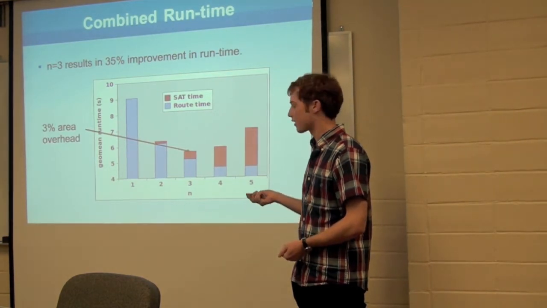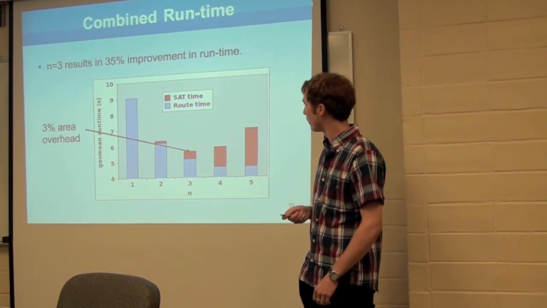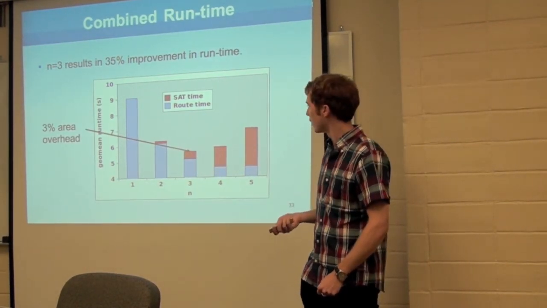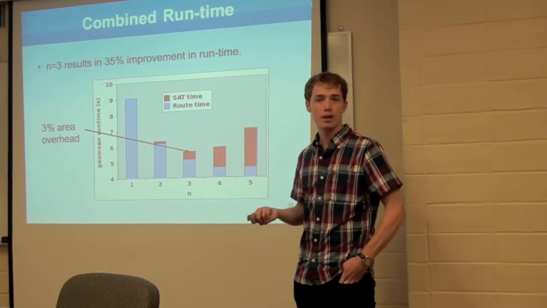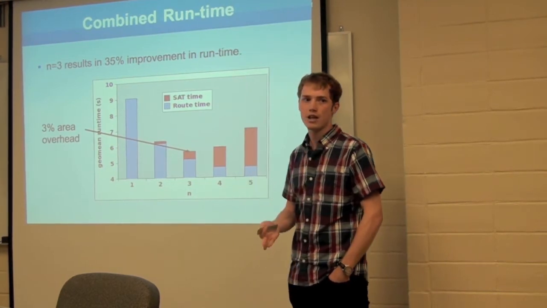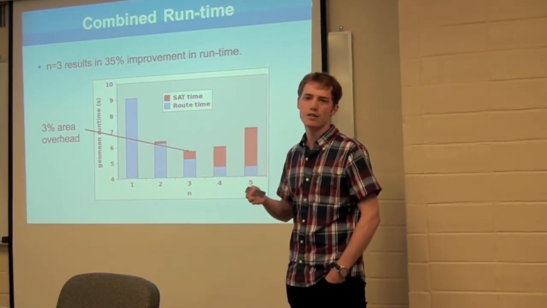For that particular architecture that I showed you, it was around 3% area overhead overall. So we're able to get a 35% improvement in runtime with 3% area overhead. And the nice part is there's actually no impact to critical path delay from doing this, because you have almost all of the timing information in the Pathfinder step.